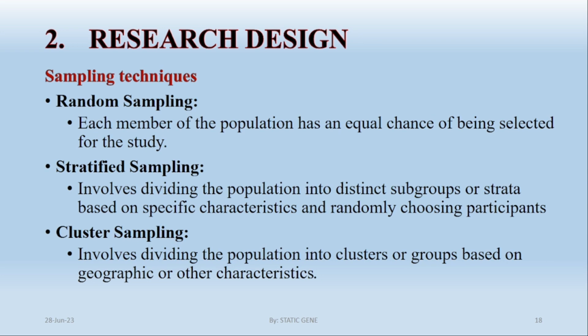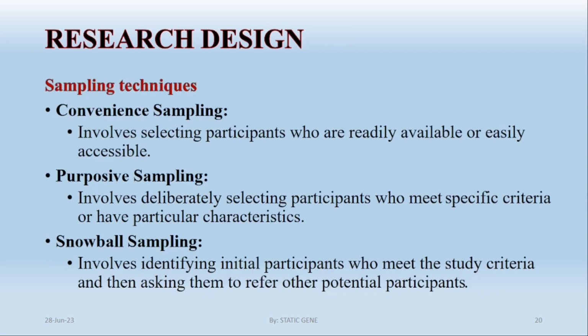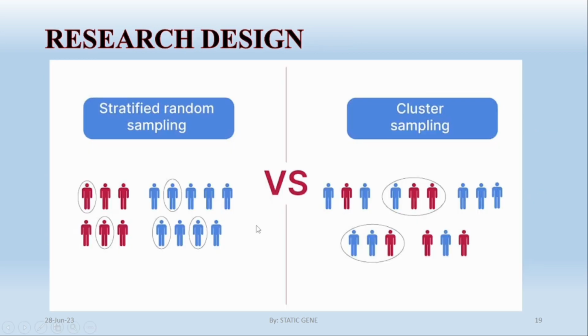In that case, because you have divided your participants due to the geographic region or other characteristics, that would become cluster sampling. This photo shows us that in stratified sampling, everybody who is male is grouped alone, females grouped alone. In cluster sampling, we are using other characteristics to cluster our participants.